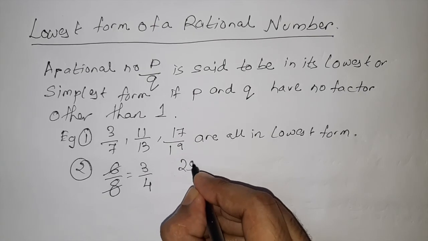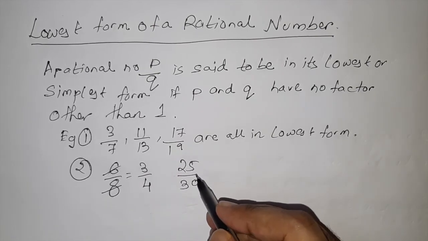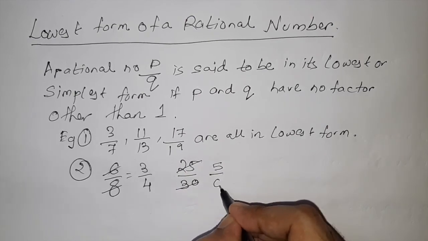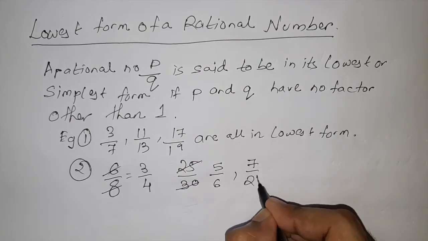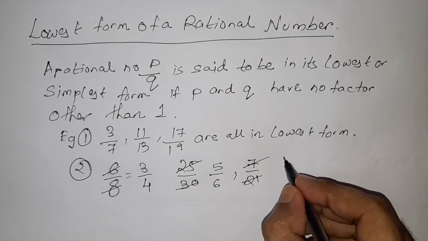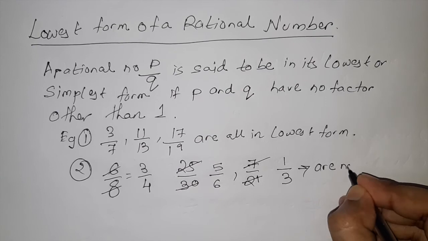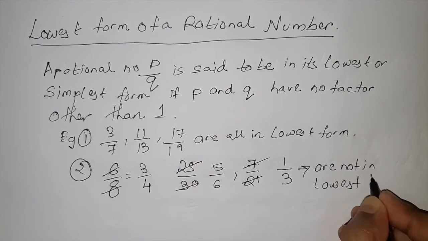Then 25 by 30 is also not in its lowest form, it can be cancelled out and written as 5 by 6. Then 7 by 21 is also not in its lowest form, it can be cancelled out and written as 1 by 3. These are not in lowest form.